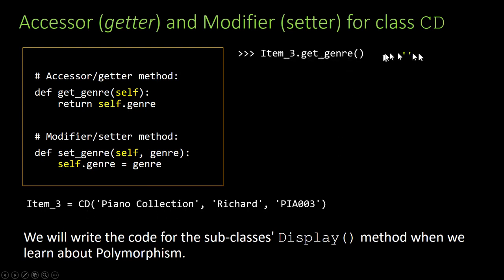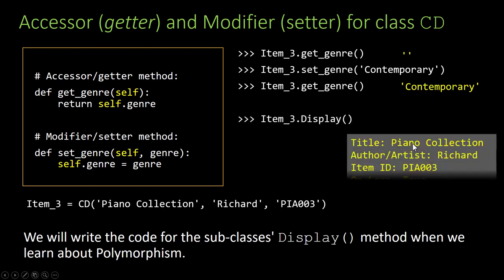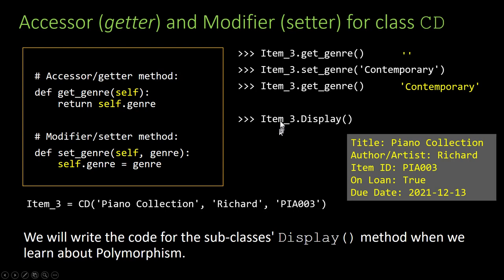So when we get the genre, it is an empty string. Now we set the genre to contemporary, okay? And then when we try to get the genre again, this time around it shows contemporary, which has been updated. Then again, when we use the display, it doesn't show the genre, and we will deal with this when we learn polymorphism.